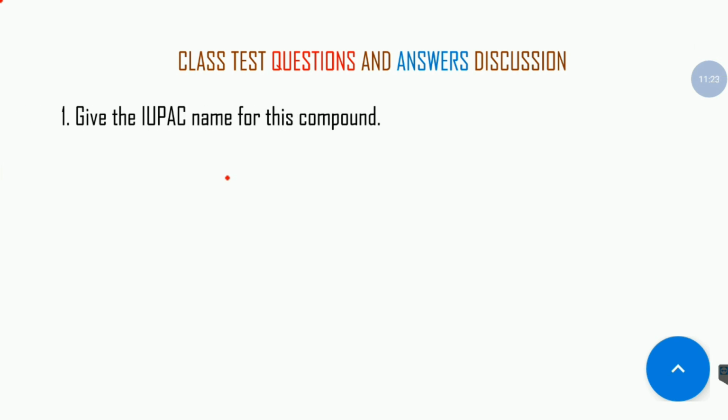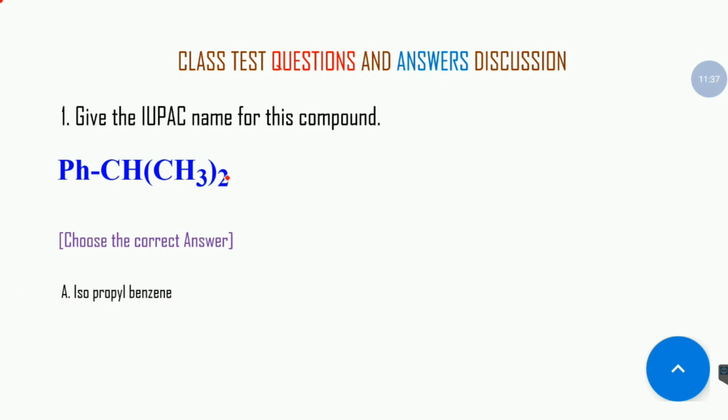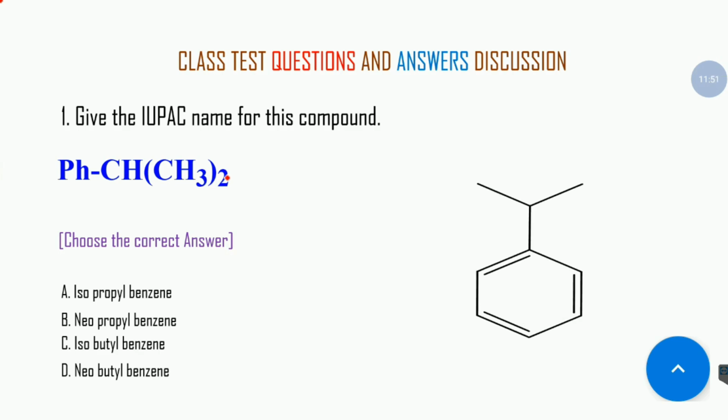So the first question is, give the IUPAC name for this compound. Here is our compound. Now the options for this question are shown. You have to choose the correct answer. For this compound, I recommend that you draw the structure first, like that.